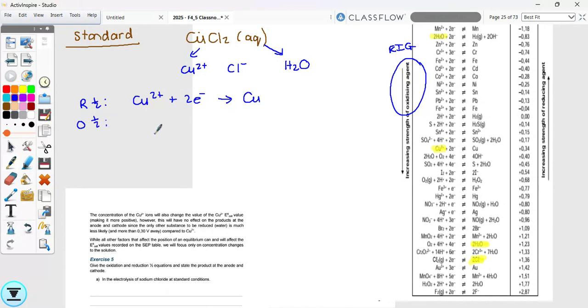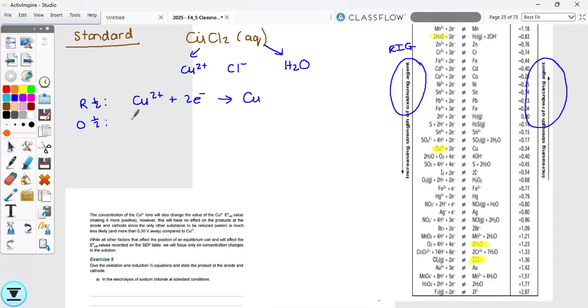Then we've got our oxidation half reaction. Which one would that be? Look at your arrow. For this side, H2O is actually beating Cl-. So the Cl- is not the reaction that's going to take place. It's the H2O.